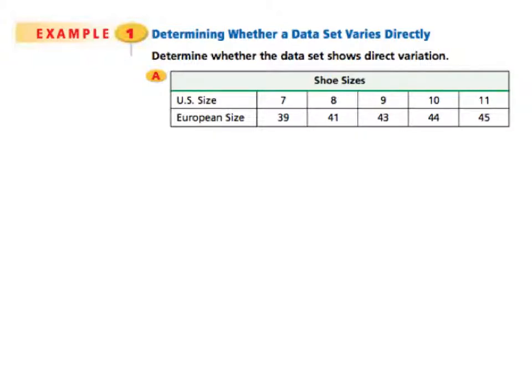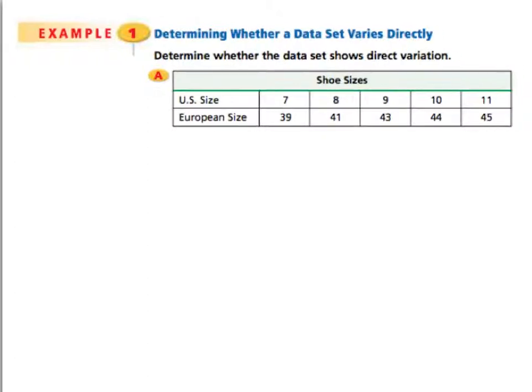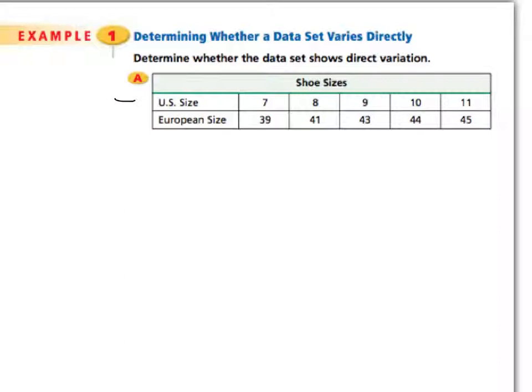So for example, when we say determine whether a set of data varies directly, we're going to take a look at this data and try to see if there is a relationship between the US sizes and the European sizes. Is there a direct relation? The way to compare a set of data is to make a ratio. I'm going to make a ratio of European sizes to US sizes.